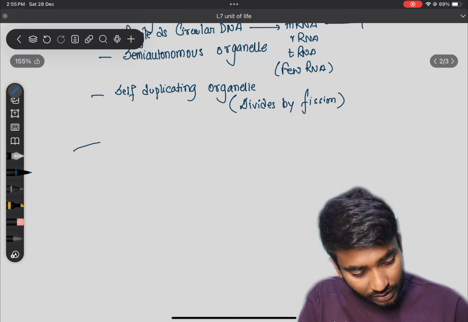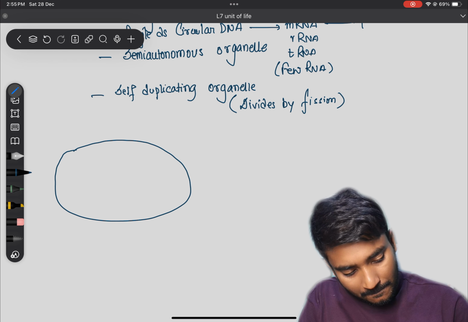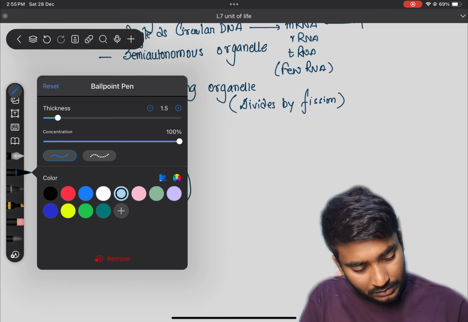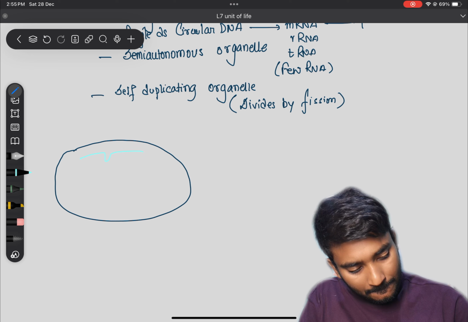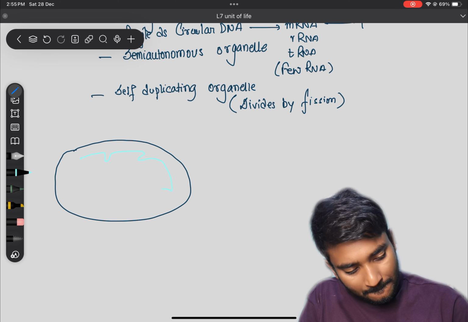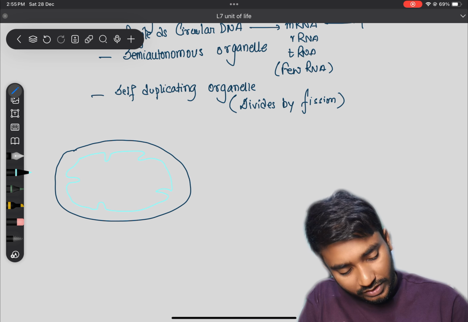Now I am drawing a structure, the structure of the mitochondria.